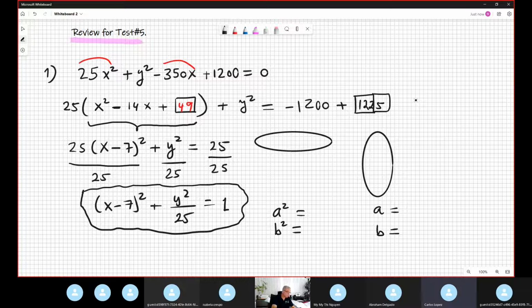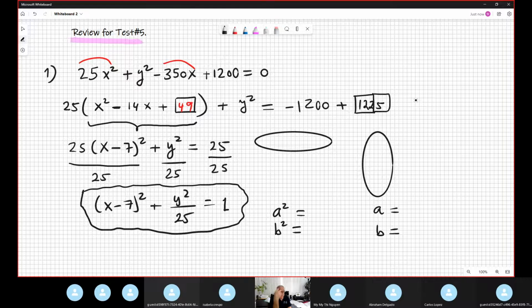Is it 1? No. Of course, no. And in the ellipse, who is A and who is B? How do you determine A and B in the ellipse? On the hyperbola, I agree with you, but it's not a hyperbola.